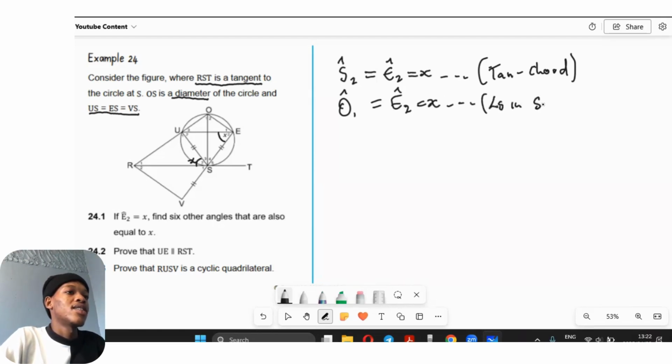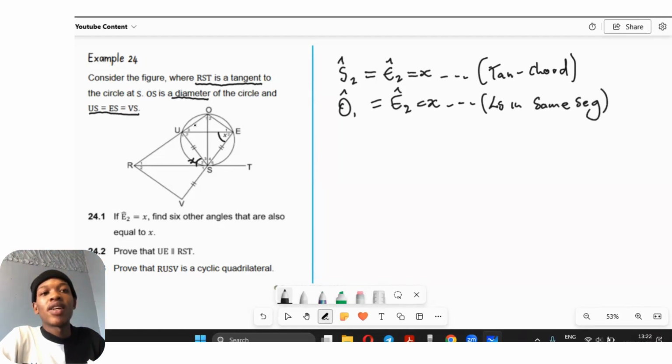How come we have the same segment? Bow tie. Angle O1 forms a bow tie, and a bow tie is also formed by angle E2. Can you see that? They are on the same segment. So now we have another X there.